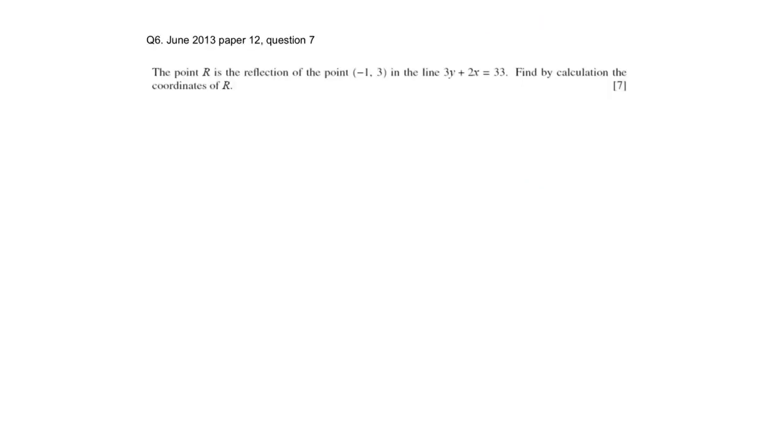Alright, so in this question, the point R is the reflection of this point in the line 3y plus 2x equals 33. You need to find the coordinates of R. So let's have a discussion about this line. If I write it in the form y equals mx plus c, all you notice is that this line has a gradient of minus 2 over 3 and y-intercept of 11.